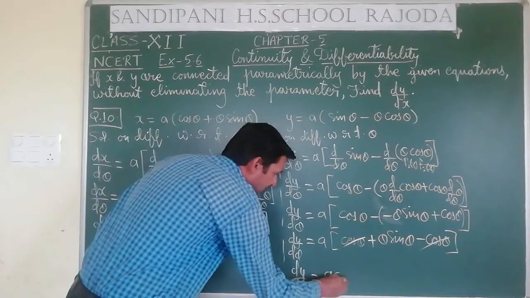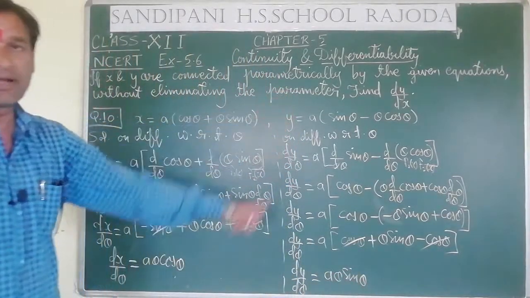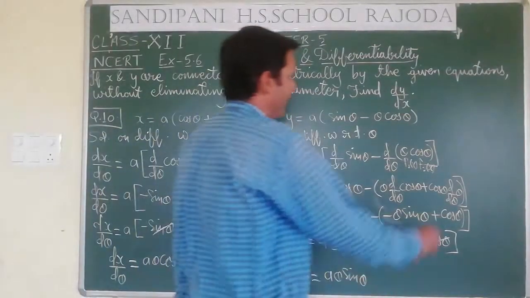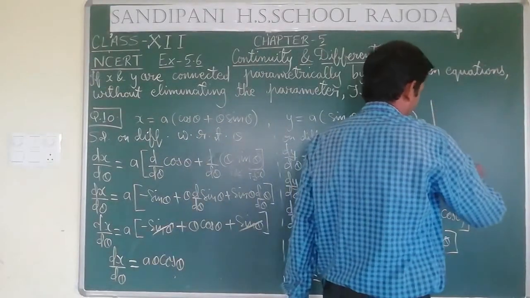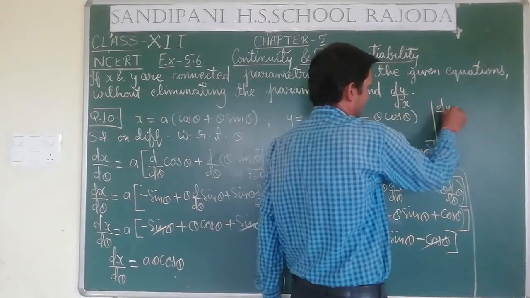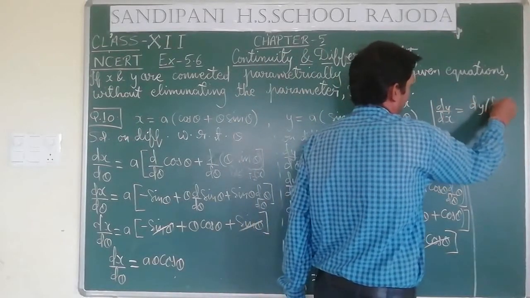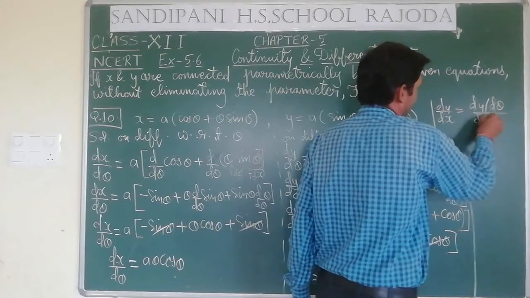Now what do we have to find? We have to find dy by dx. So for finding dy by dx, dy by dx is equal to dy by d theta upon dx by d theta.